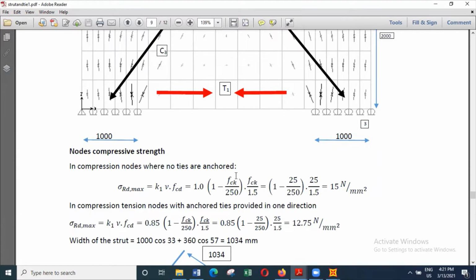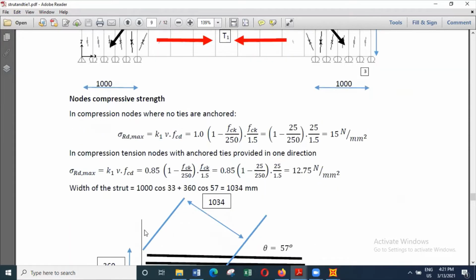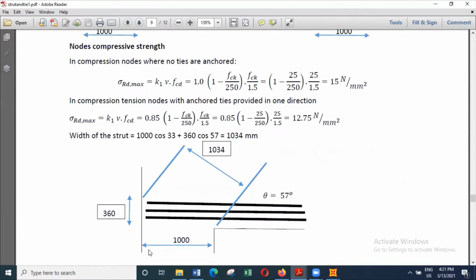So these are CCC node 15, CCT node 12.75. And if you look at the width of the strut in our case now, 1000 cos 33, because the angle is 57, plus 360 cos 57, gives 1034. So you can clearly see the width has increased.